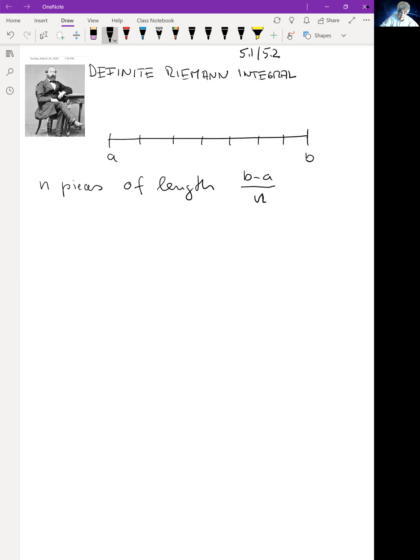Now, some notation. xi is equal to a plus i times b minus a over n. So what is then x0? Now i is equal to 0, the 0 goes here, so x0 is a.